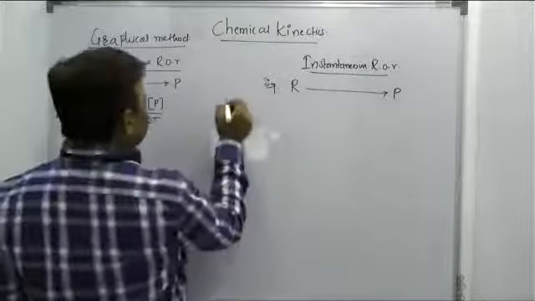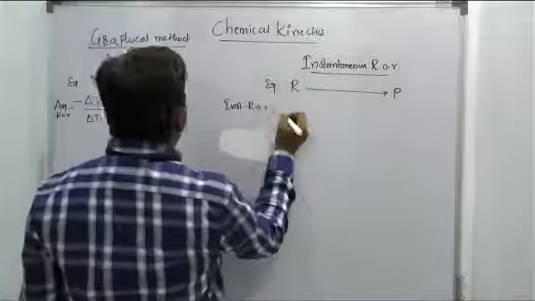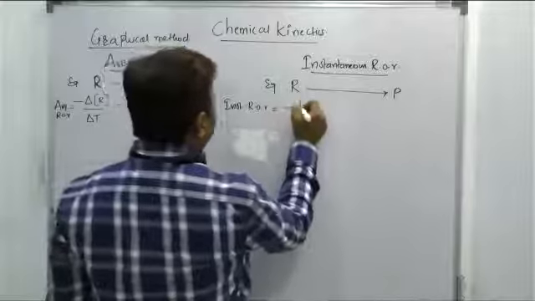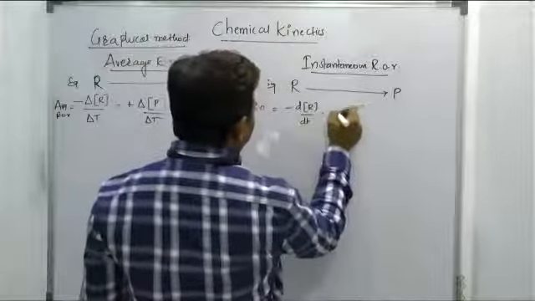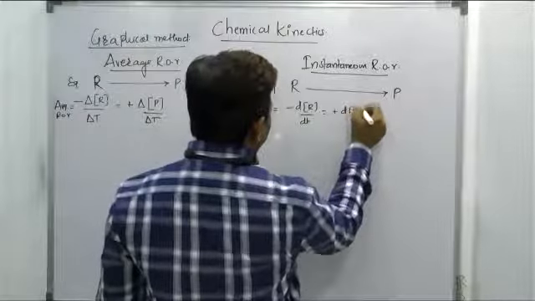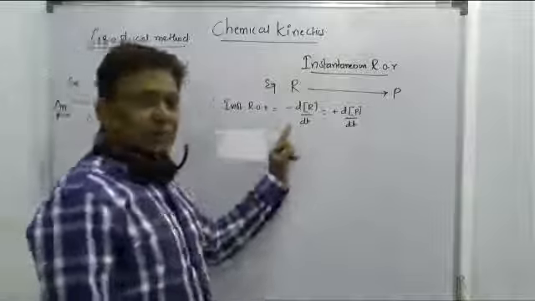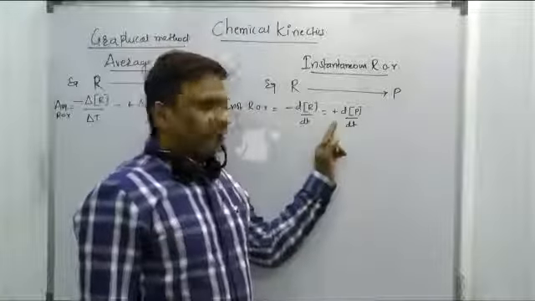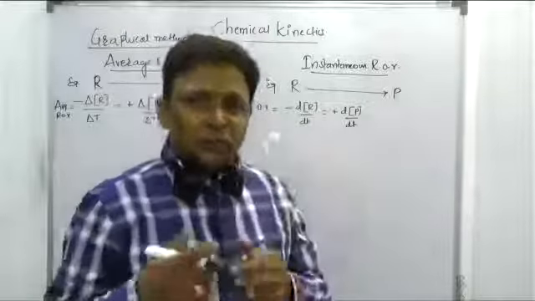Beta, for the instantaneous, sir, the instantaneous ROR is equal to minus d concentration of R with respect to time, equal to plus d concentration of P with respect to time. See, beta, decreasing concentration of the reactant and increase in the concentration of product. Is it clear? Now how to define it?